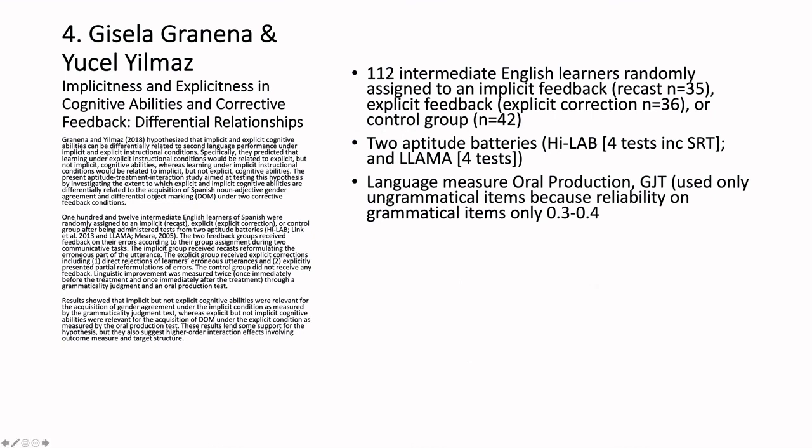Paper 4, looking at implicit and explicitness in cognitive abilities and the interaction in predicting different types of feedback in learners. 112 learners, 3 groups, an implicit feedback group, an explicit feedback group, a control group, 2 well attested language aptitude batteries, looking to see if ability on these language aptitude tests predicts language acquisition.